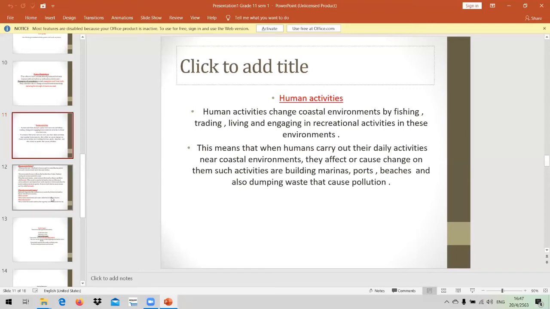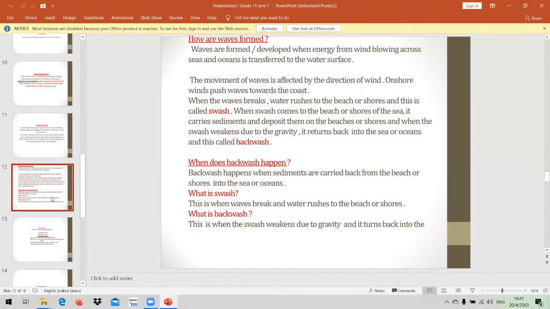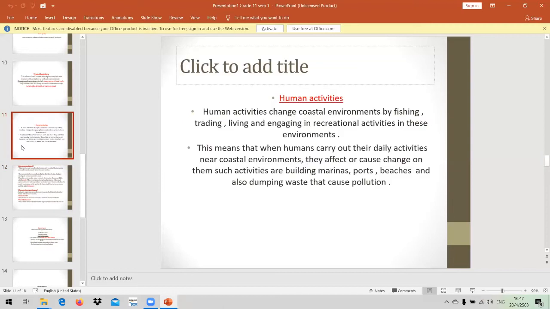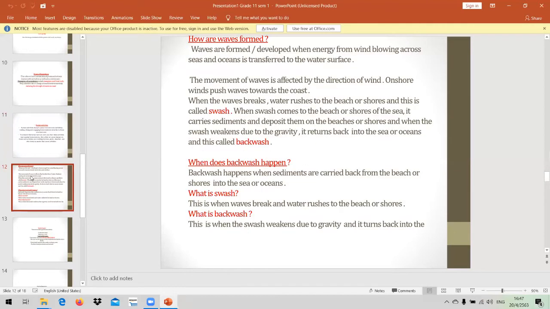Okay? So please don't forget waves. How are waves formed? Waves are formed or developed when energy from wind blowing across the seas or oceans is transferred to the water surface.